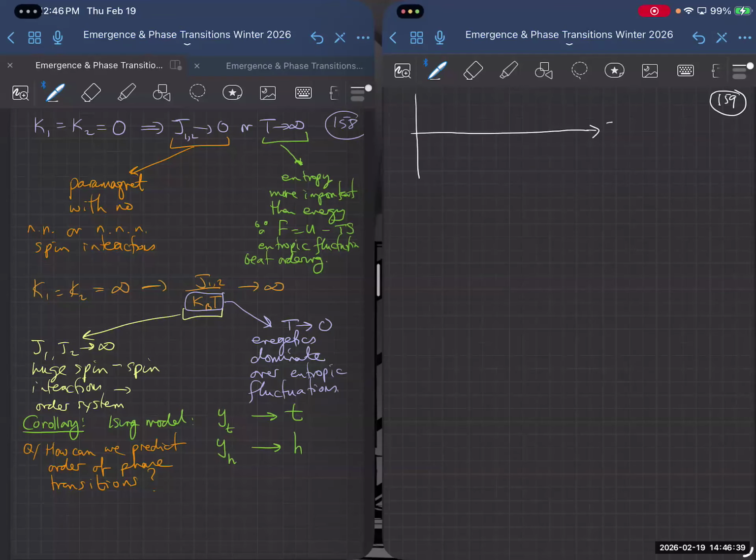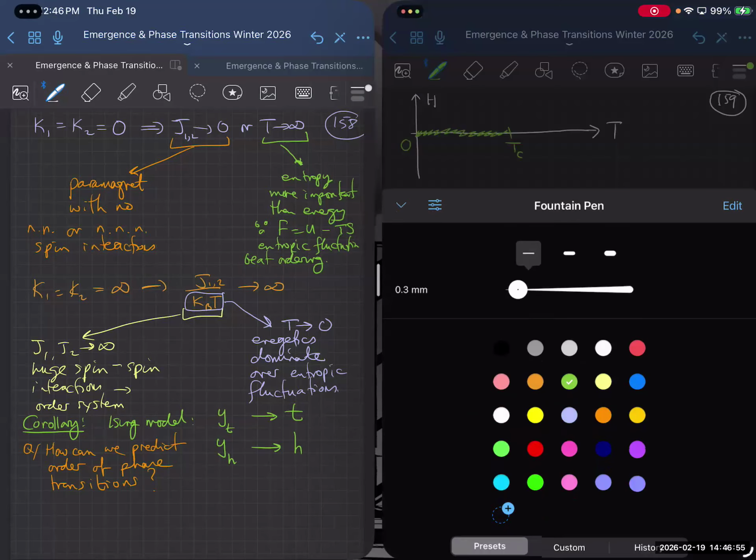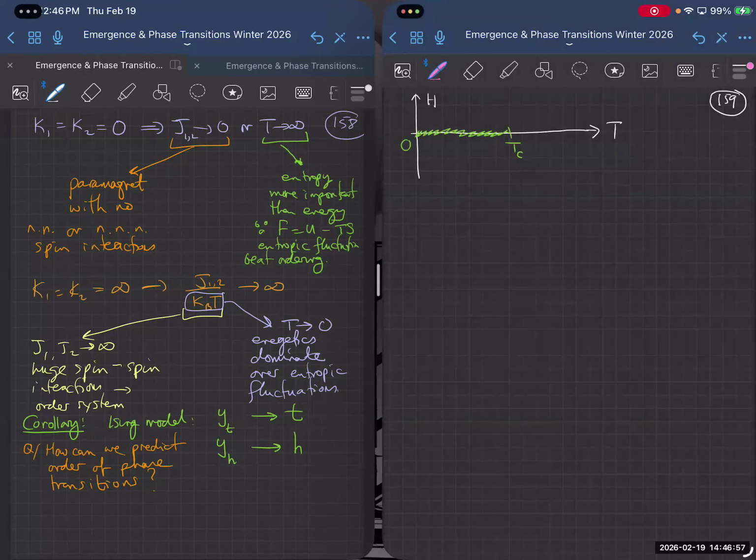So let me draw my phase diagram for an Ising magnet, and that phase diagram looks like that. We have the HT plane. This is the origin. There is a cut along here, and then this is TC. And what we know from everything we've done previously is that this transition going through here at H equals 0 is a second order transition.